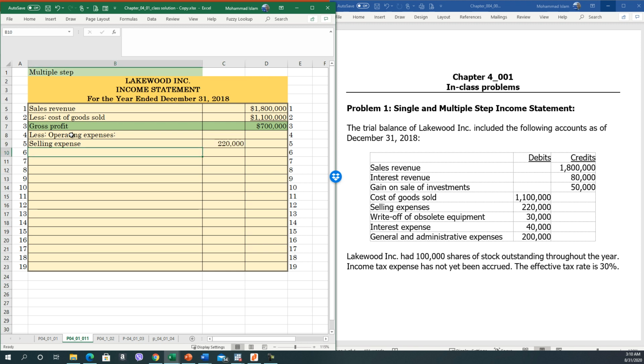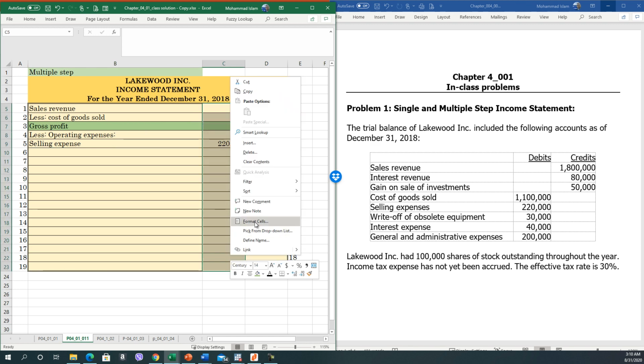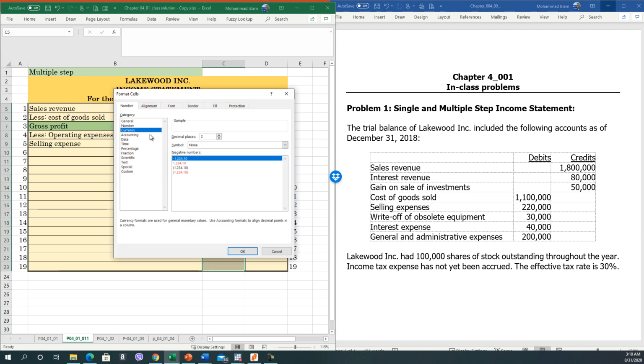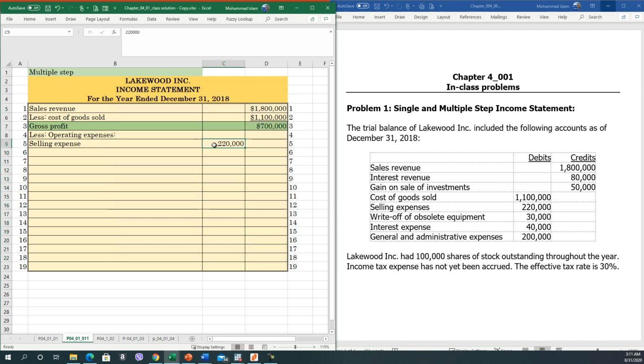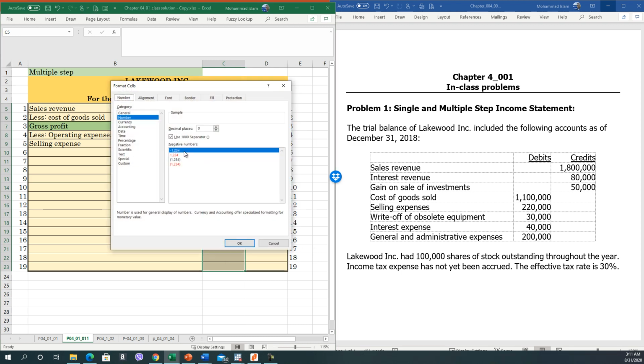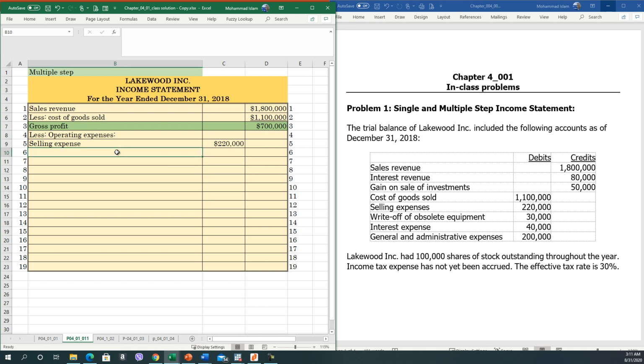Let's make this one as currency, so that we can use the dollar sign. Okay, so this is the dollar sign.